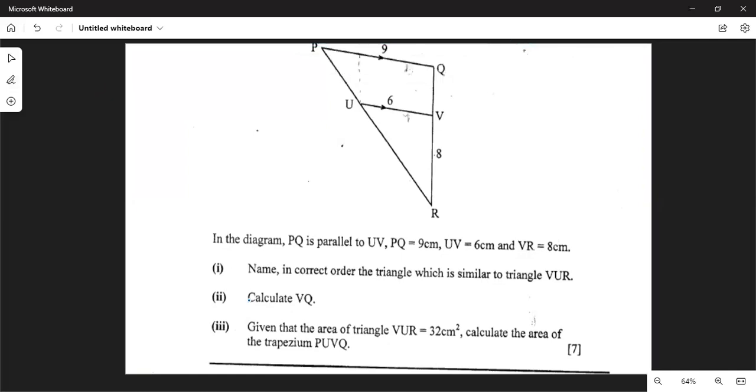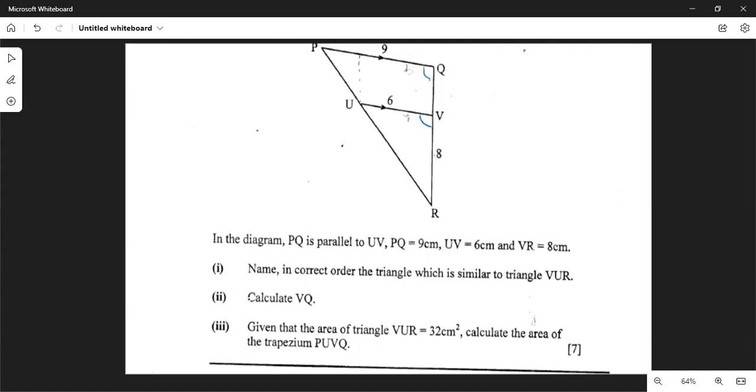All right, so in similar figures, we have to at least locate the angles that are the same. Which of the angles are the same? Angle Q is going to be the same as angle V from our corresponding angles, isn't it?